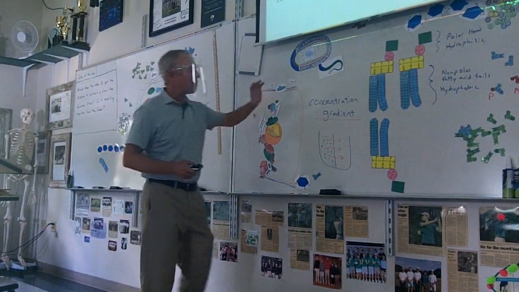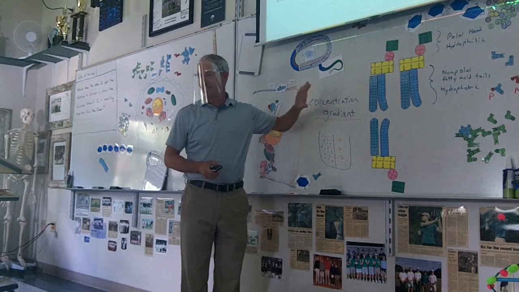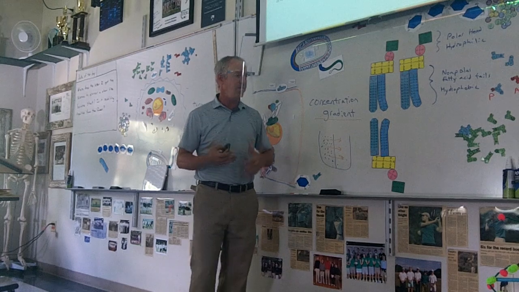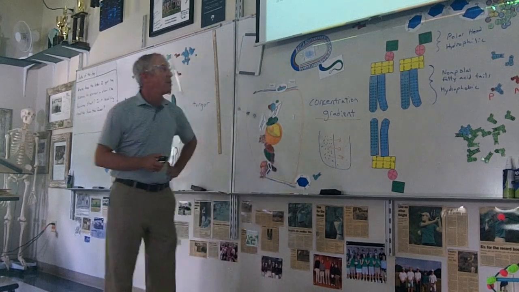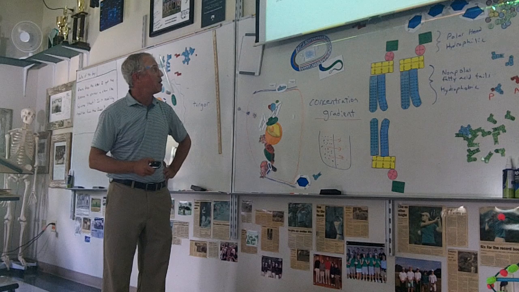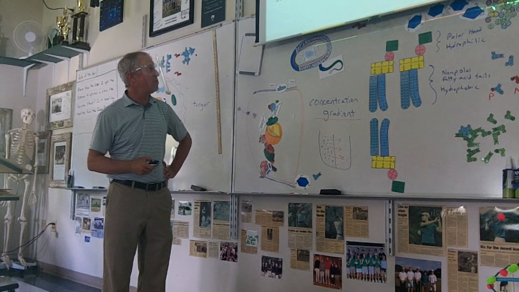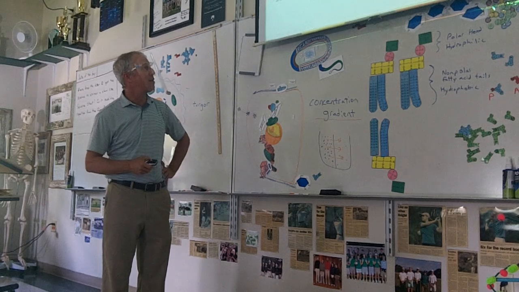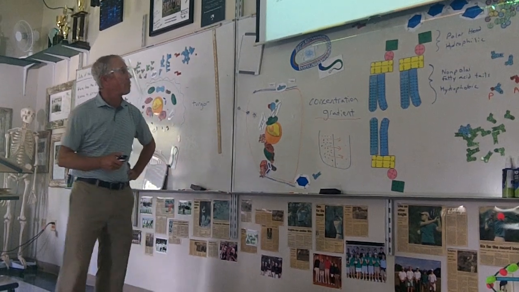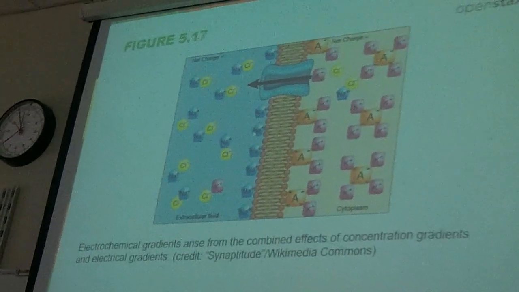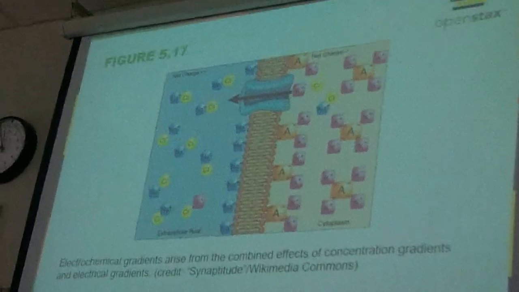But concentration gradients aren't the only gradients that control movement in cells. There's also what we call electrical gradients. Electrical gradients have to do with charges of ions. Notice on this side of the picture are a bunch of sodium ions. See all the sodium ions?